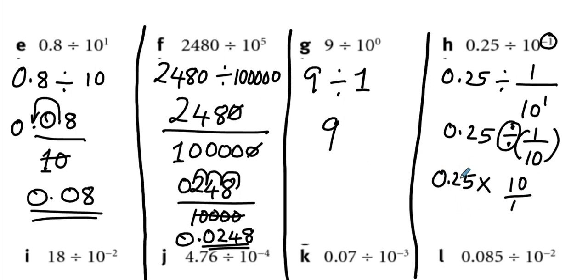Now 0.25 times 10: you ignore the decimal point, then count the 2 decimal places from the right, 1, 2. So the decimal point will be here. Cancel that 0, and the answer becomes 2.5.